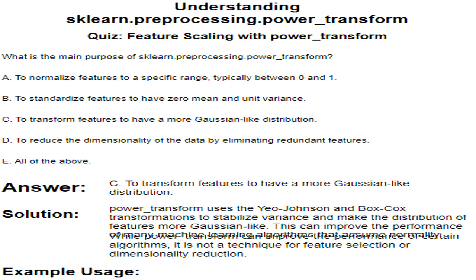It helps to ensure that features are more Gaussian-like, improving the performance of many machine learning algorithms. In a credit risk assessment model, transforming features like income and loan amount to have a more Gaussian distribution can improve the model's ability to distinguish between high-risk and low-risk borrowers.